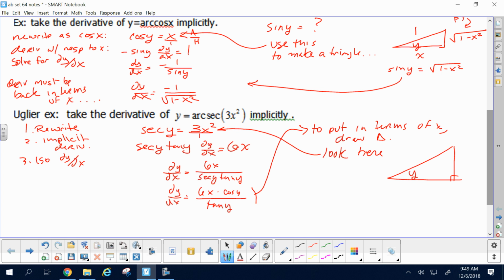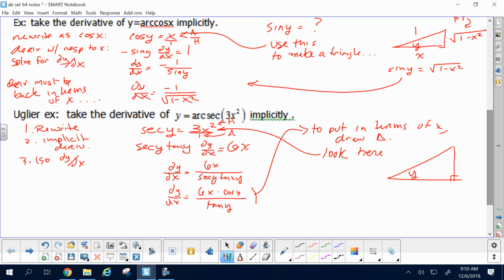What are the sides? 3x squared. What is that? Opposite, hypotenuse, adjacent. If cosine is adjacent to hypotenuse, what's secant? Hypotenuse to adjacent, right? So that is, not probably, it is hypotenuse, and that's the adjacent.